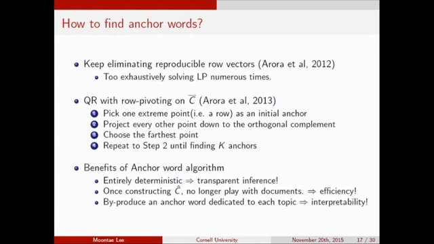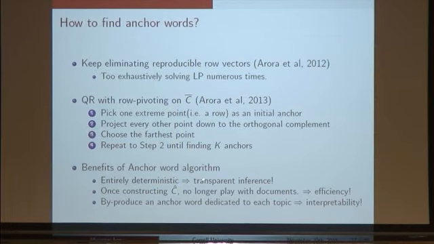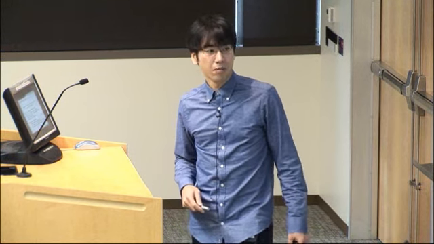The benefit of this anchor word algorithm is, as you could imagine, that every inference process is deterministic. So there is no random initialization, or any funky behavior at all.